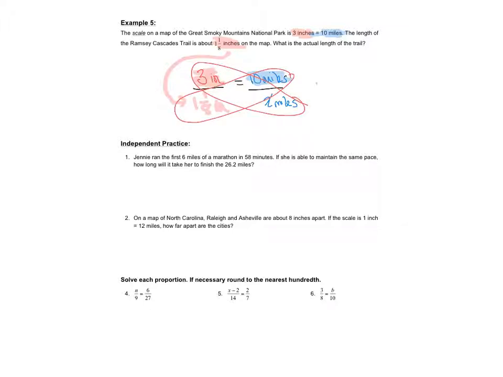I get 3x equals 1 1/8, which to me is 9/8. So 9/8 times 10 is 90/8. And now I can divide both sides by 3.